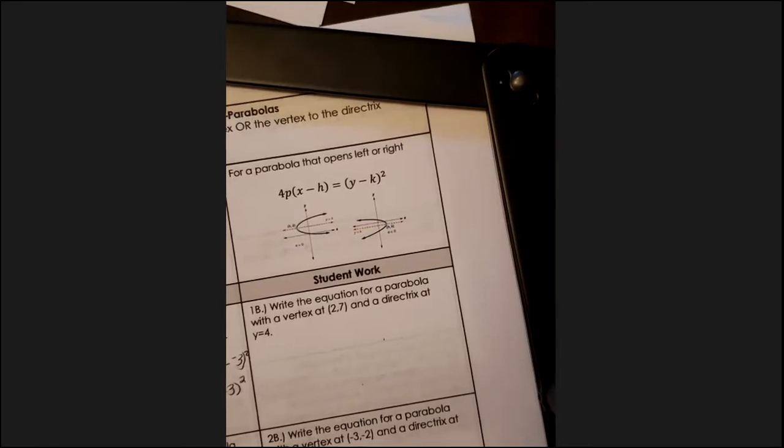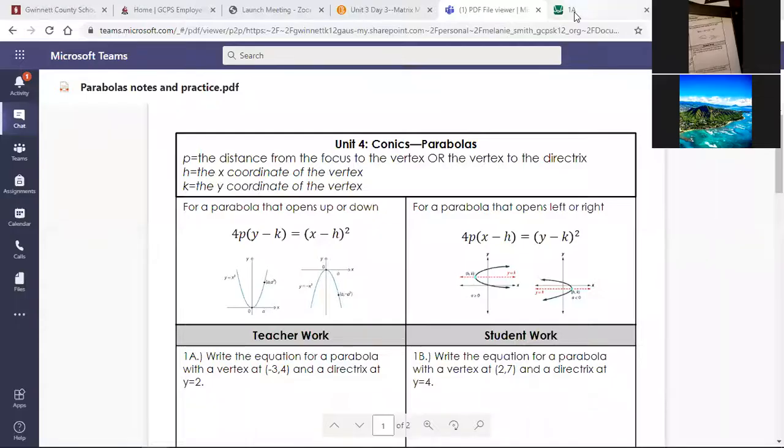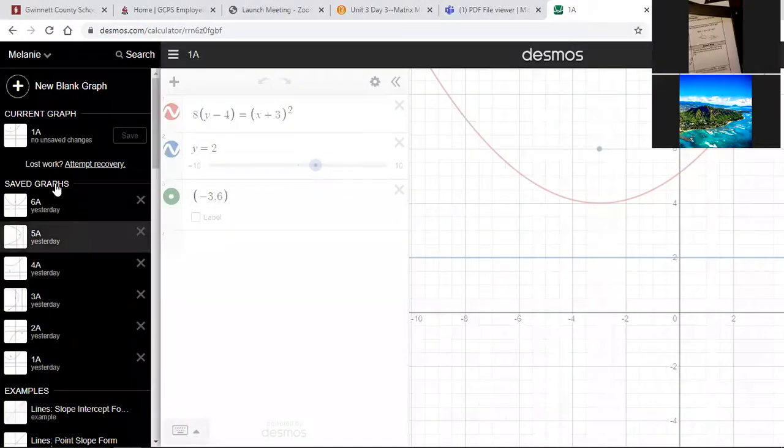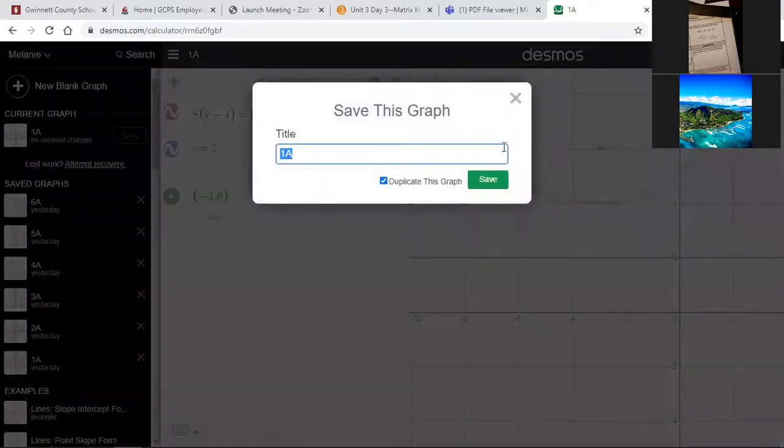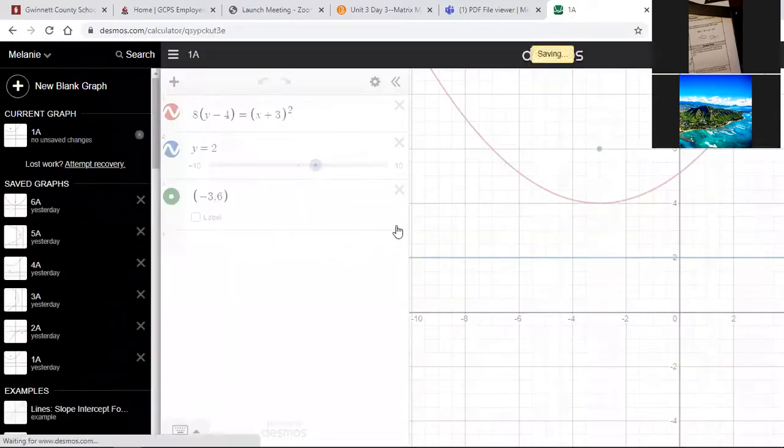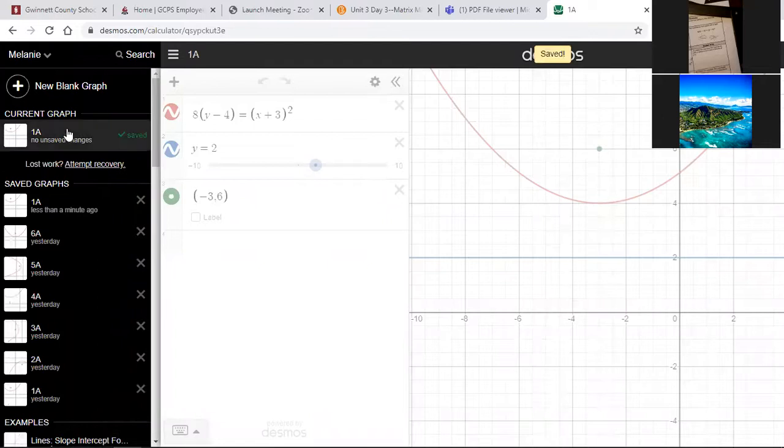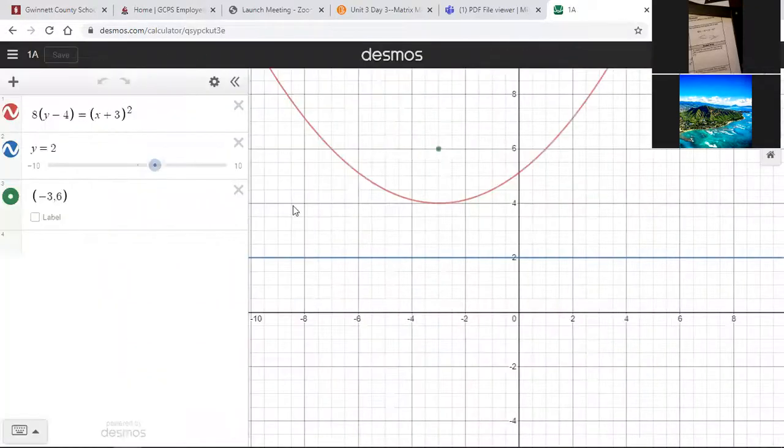Oh, there was one other thing I wanted to show you. I apologize. I did want to share with you a great way to check your work, which is to graph it. So what I would do here is I have graphed the equation that I got, 8 times y minus 4 equals x plus 3 squared.